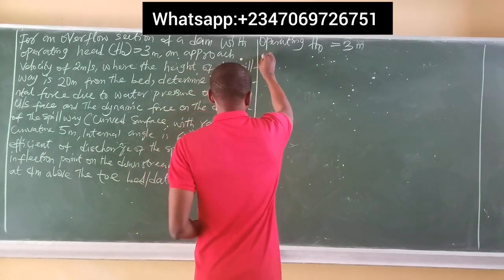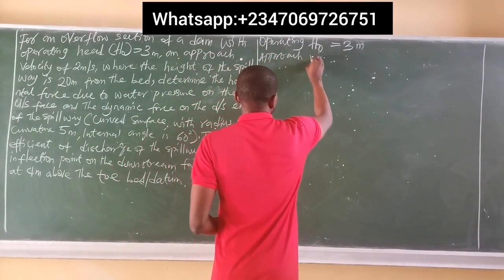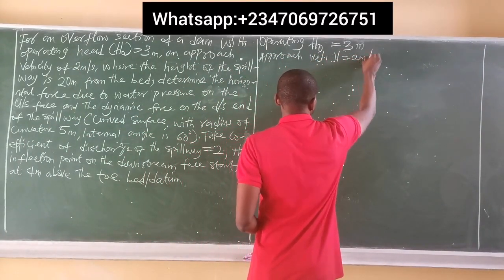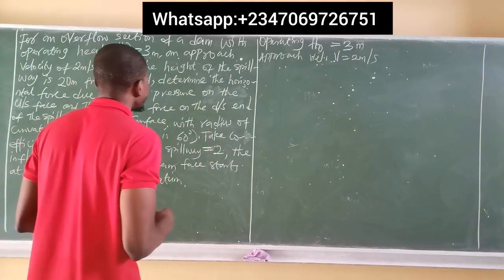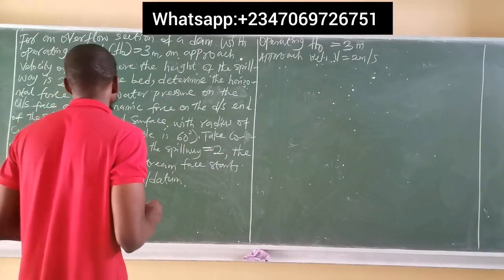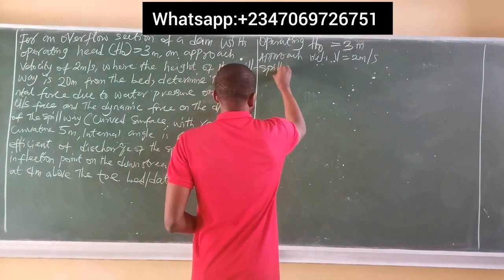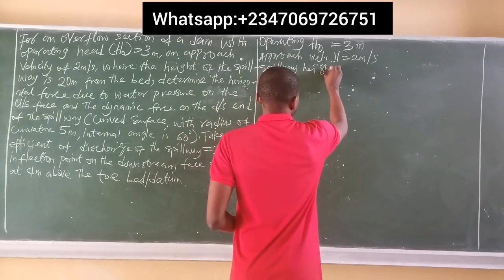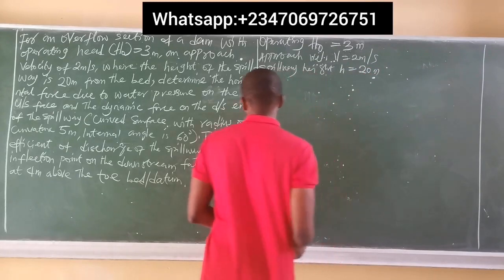So we are given an approach velocity, called v, equal to 2 meters per second. Where the height of the spillway is 20 meters. So we are given spillway height, called h, as 20 meters.